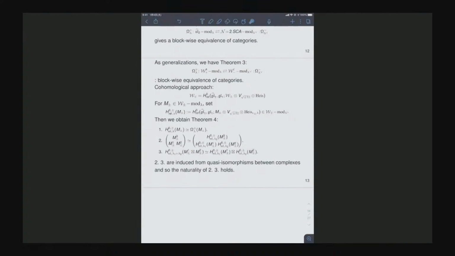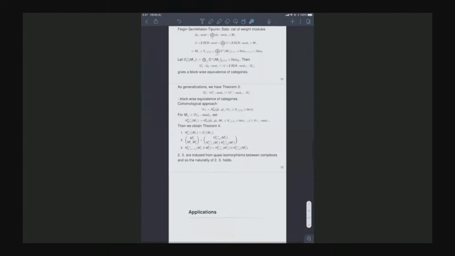And we have plus functor, but if you use minus functor, this gives the opposite direction, and this gives the proof of isomorphism between two intertwining operators. And this isomorphism is induced from the complex level. So this induces some quasi-isomorphism between cohomology. So we can prove some naturality by construction of this isomorphism.